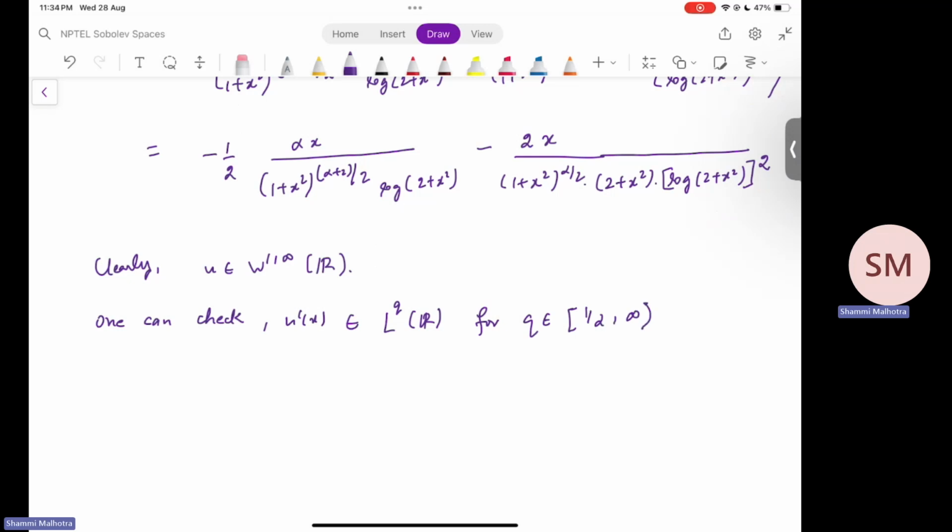So this can be checked using the same ideas that were used to check u to be integrable.